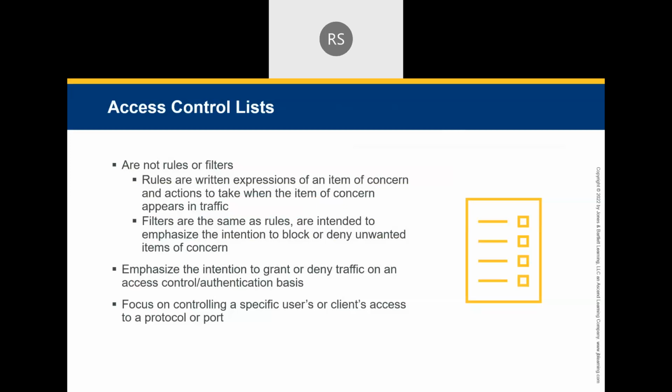So access control lists also emphasize the intention to grant or deny traffic on an access control authorization basis. And they focus on controlling the specific users or client access to a protocol or port.